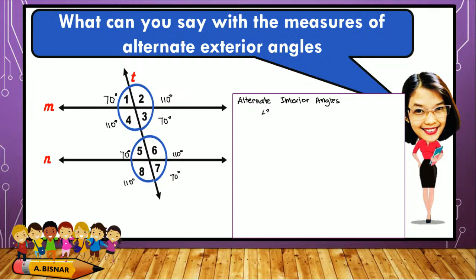We have angle 3 that is congruent to angle 5. Angle 4 that is congruent to angle 6. How about the exterior? We have angle 1 that is congruent to angle 7. And we also have angle 2 that is congruent to angle 8.